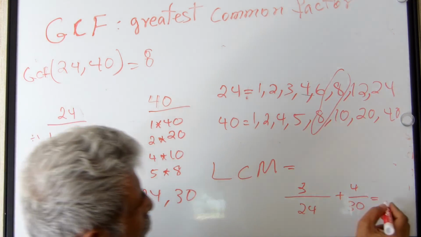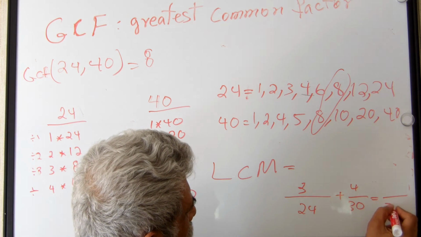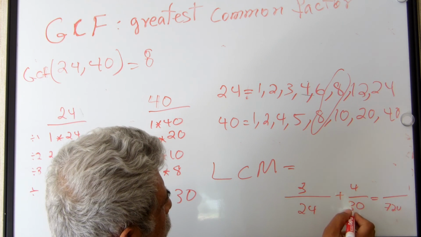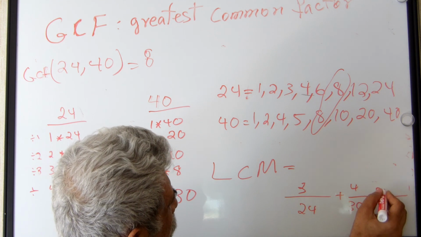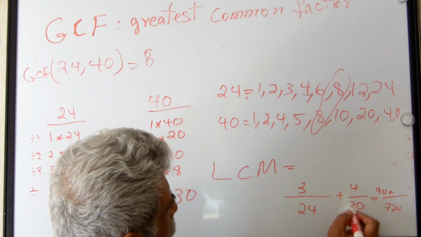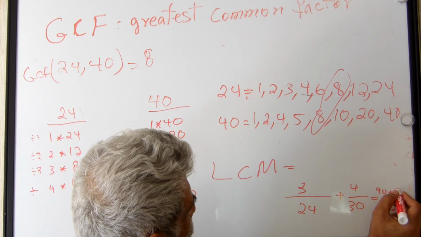You can do that. You multiply this one, write it here, and then divide. 30 times 24 is going to be 720, and then 720 divided by 30 is 24, times 4, 96.